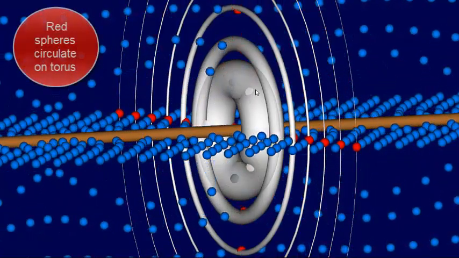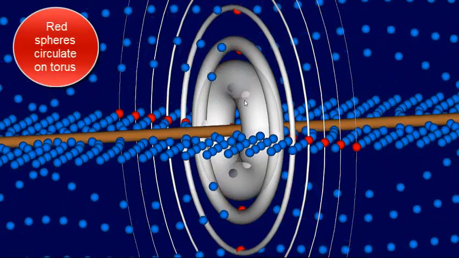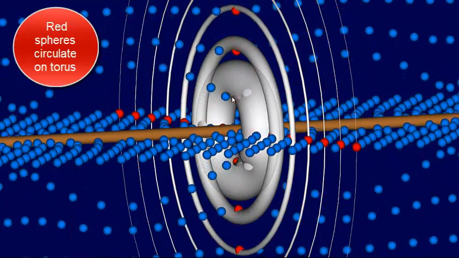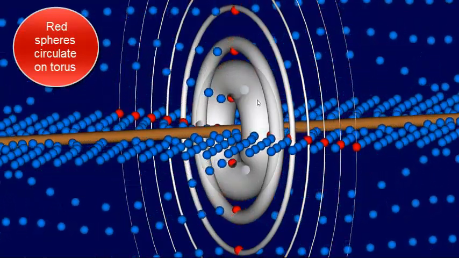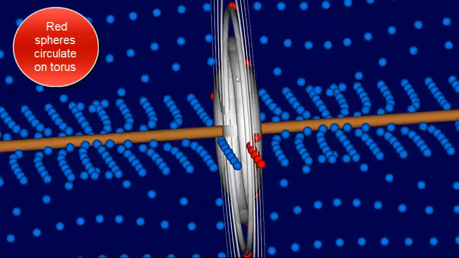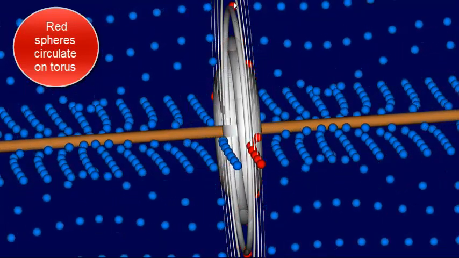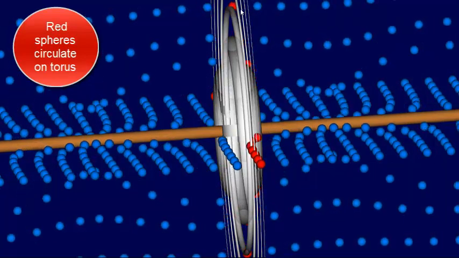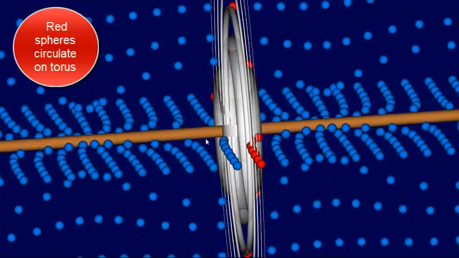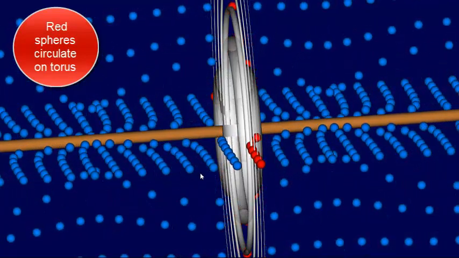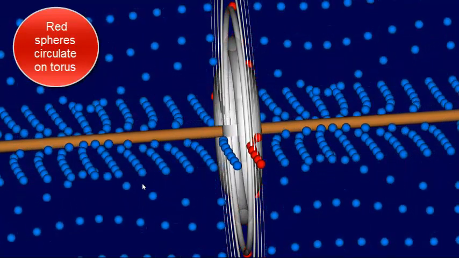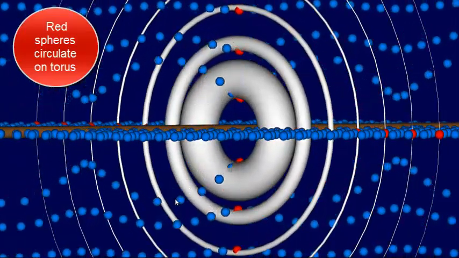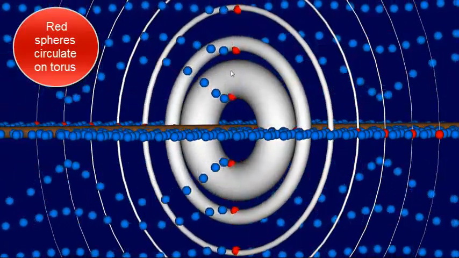ether is circulating. The ether substance, these ether molecules, are doing circular motions on the torus, on the cross section of the torus. Of course I'm not showing all the molecules, only a few of them, but you can imagine that this is going on all the way around the torus.